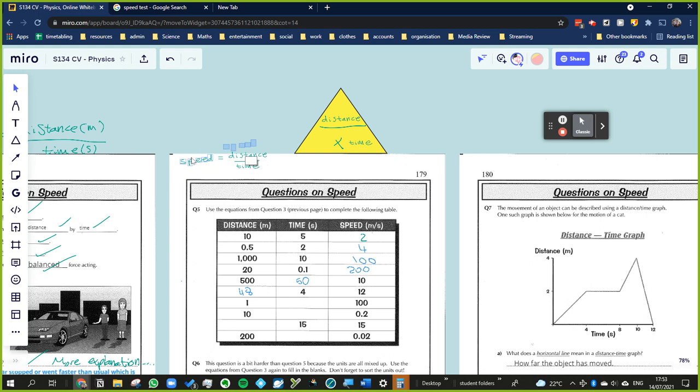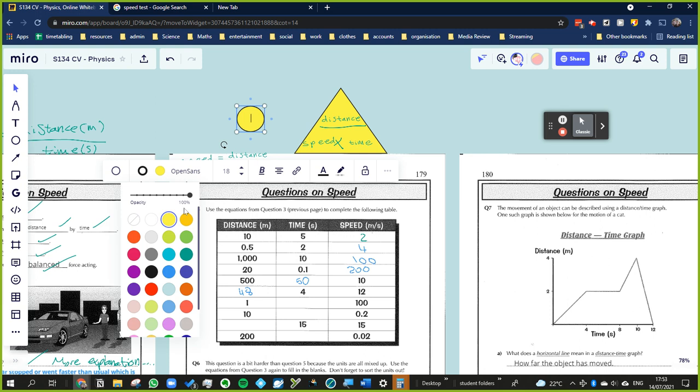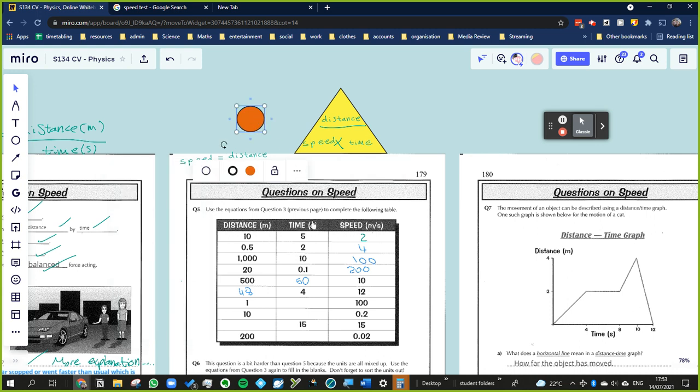This method works for forming any formula triangle. Now, to actually use a formula triangle once we've made it, we cover up the thing that we're trying to work out.